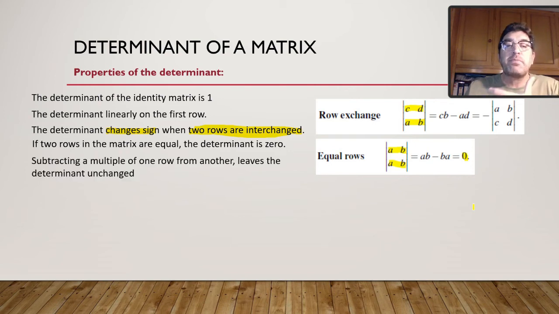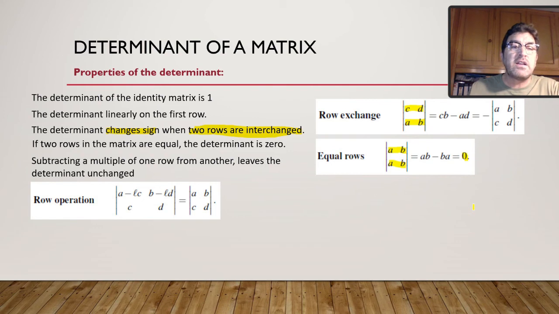Subtracting a multiple of one row from another leaves the determinant unchanged. Now let's see. If I take a multiple of row 2, say L times C, and I subtract it from row 1, my determinant is going to be the same.